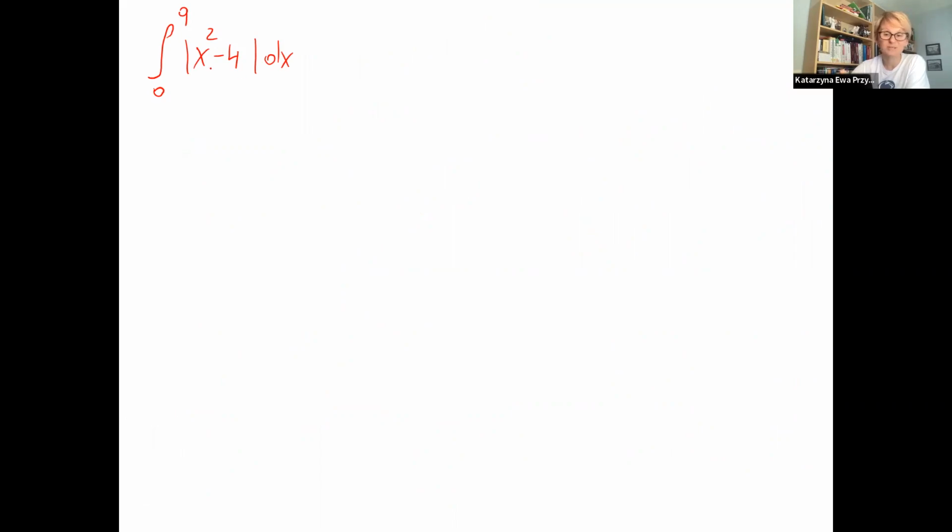Because we can see x squared minus 4. I don't know if we know how the function looks like, but we have to figure out where this quantity is positive. That means this quantity is positive or equal to 0, or if this quantity is negative, then we will change the formula.